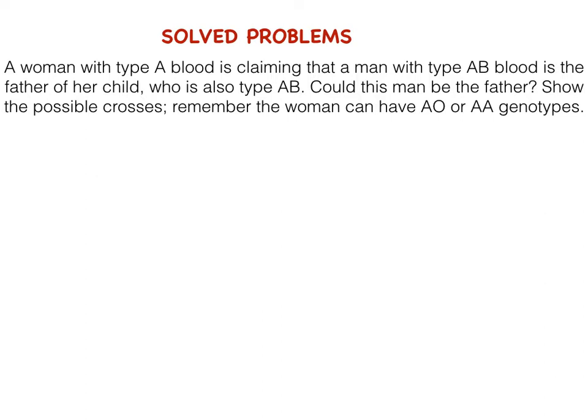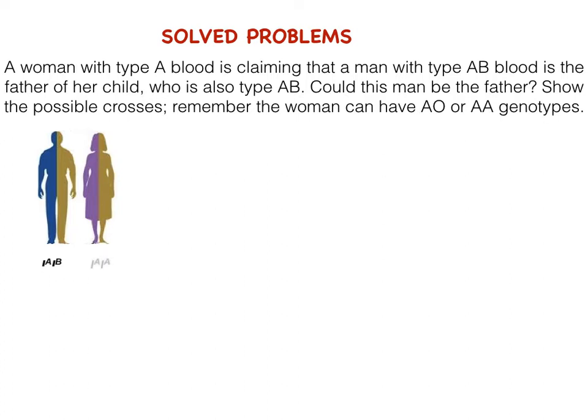So the problem says the woman has A. It doesn't say if she's homozygous or heterozygous. Again, this is the man and the woman, and the woman is claiming that this man is the father of her child, and we know that the man's blood type is AB. So it's very easy to come to the genotype, because blood type AB will only come from genotype AB.